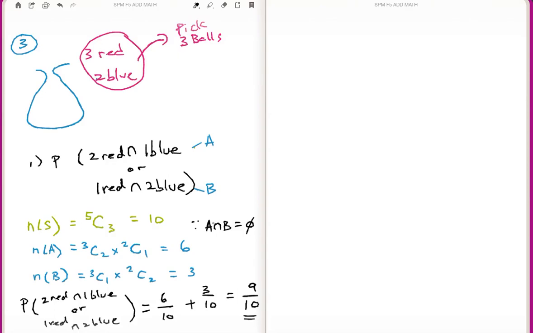Now, let me give you another example, in contrast, put side by side so that you're able to compare them. On the left, mutually exclusive. On the right, not mutually exclusive.